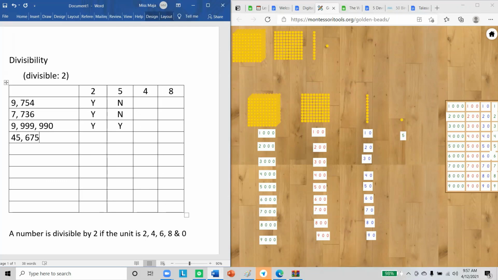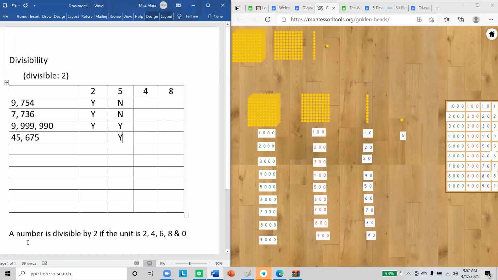Yes. Why? Again, everything behind it is divisible, and we are looking at the unit again, the 5.